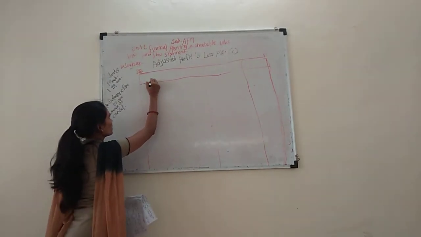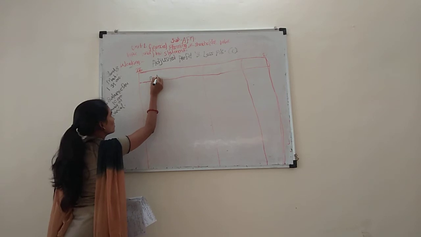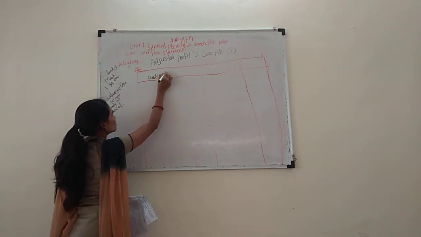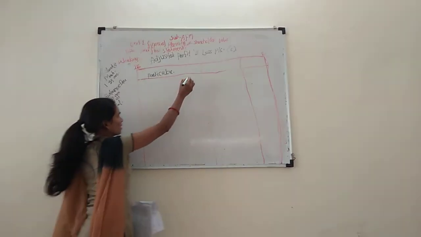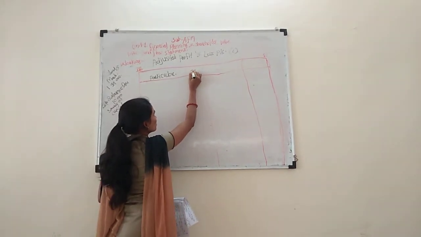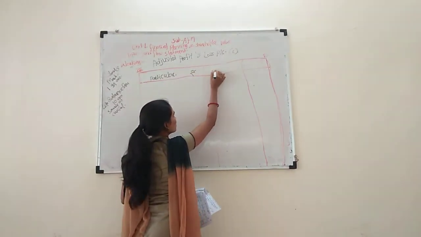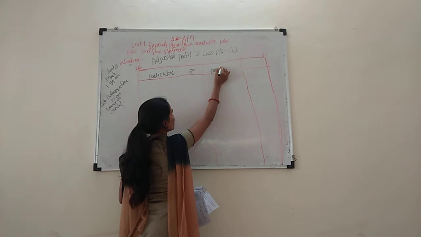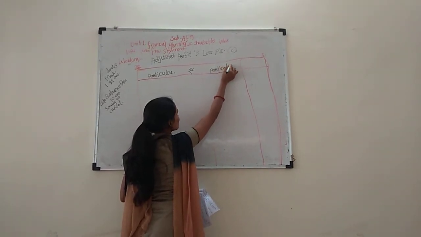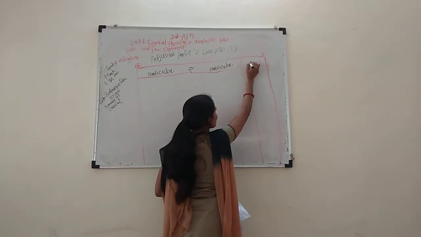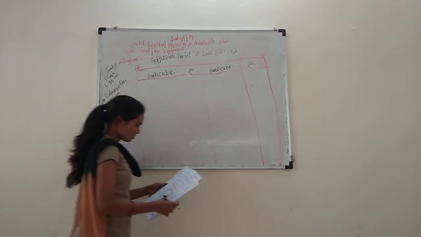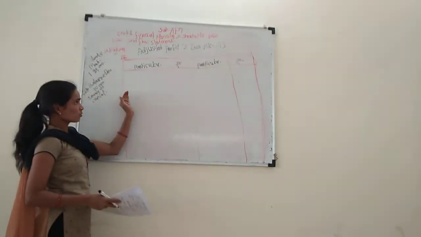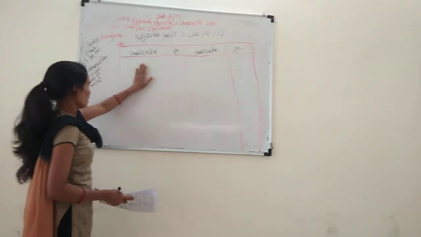In this column particulars and this column rupees. Show the balance sheet 2018 and 19, liability side.